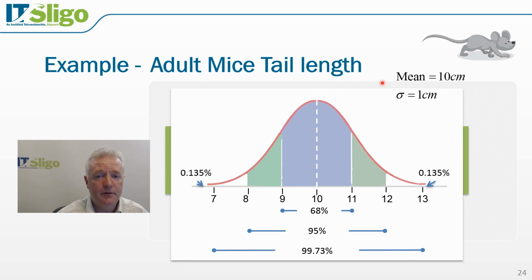If we take the example of mice, let's suppose there's a species of mice whose tail length has a mean of 10 centimeters and a standard deviation of 1 centimeter.